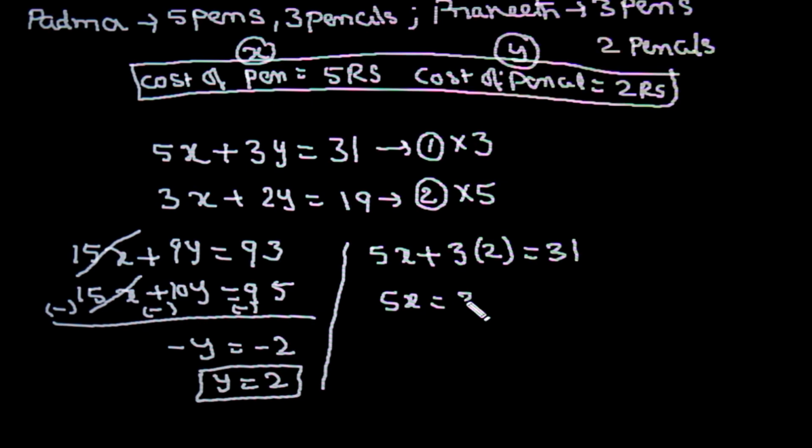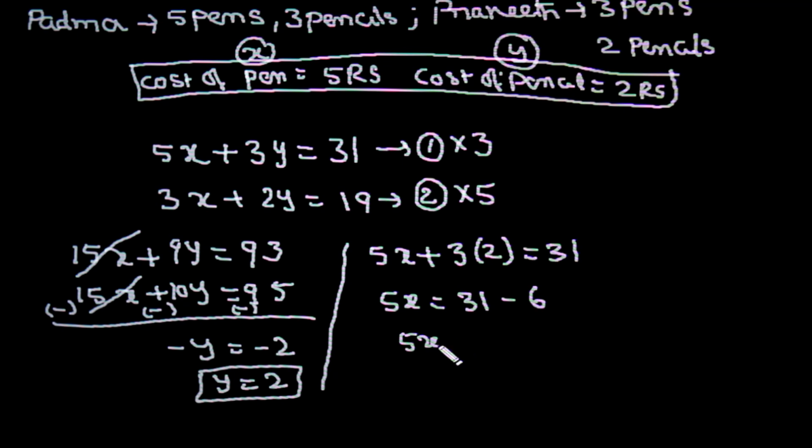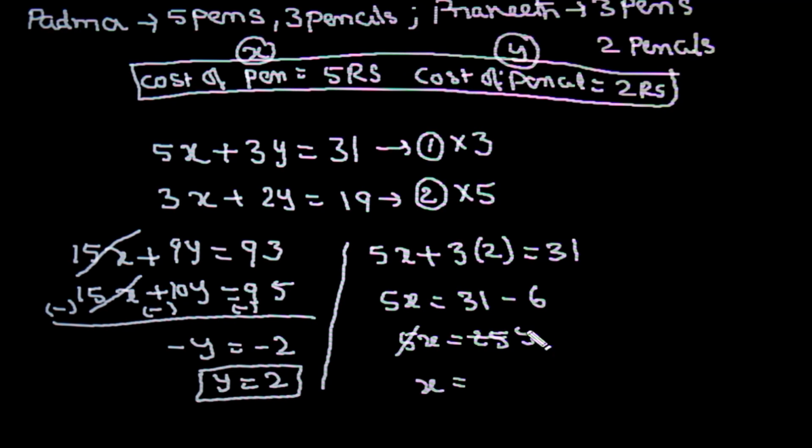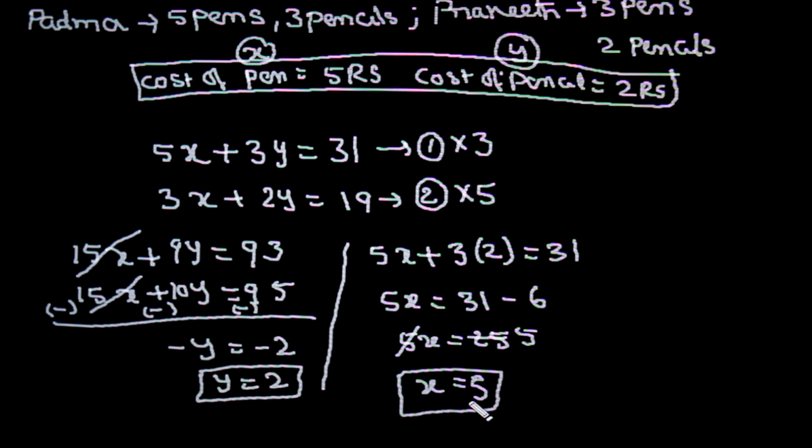Y is 2, so 5x is equal to 31 minus 6, which is 25. Then x will be 25 by 5, so x is equal to 5. That means the cost of a pen is 5 rupees. You get both answers: 5 rupees as the cost of a pen and 2 rupees as the cost of a pencil.